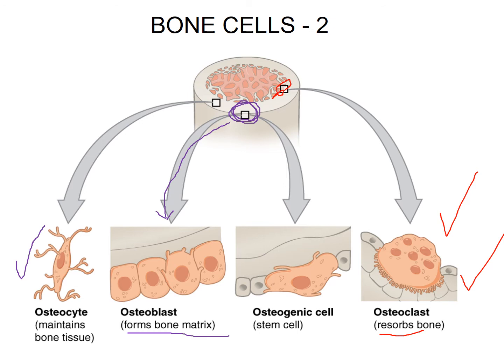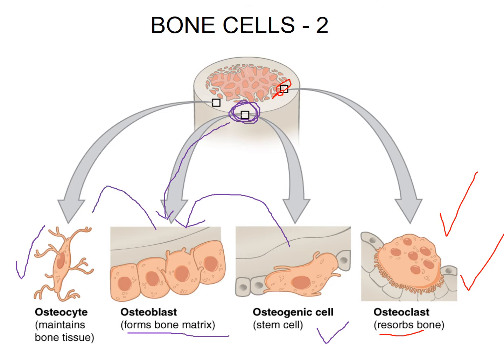And then the third picture here is the osteogenic cell. We haven't discussed that yet, but that's just the stem cell, and that's what's actually going to make these osteoblasts. So some osteogenic cells, they go through mitosis and they actually become osteoblasts. And then as the osteoblasts do their job and they get older, they can actually become osteocytes.